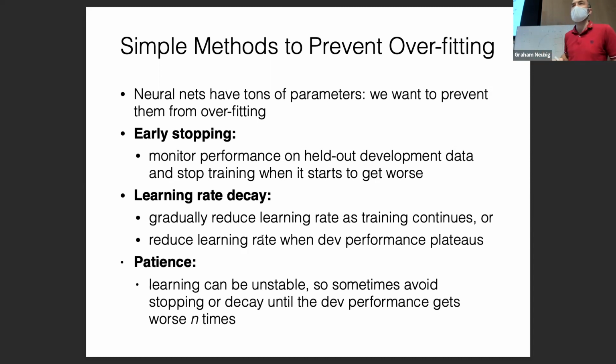Neural networks are a complex non-convex optimization problem, so your loss might go down, down, down, down, down, up a little bit, down, down, up a little, down. So the idea of patience is that even if your dev performance gets worse, you keep training for a little while until you're really ready to give up and you're sure that it's not going to get any better. So you wait n times.